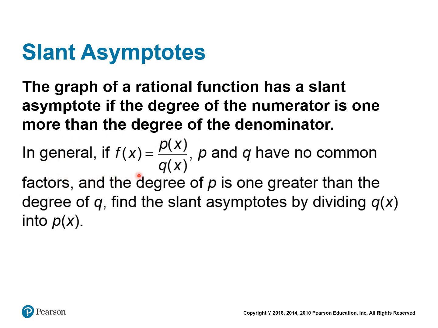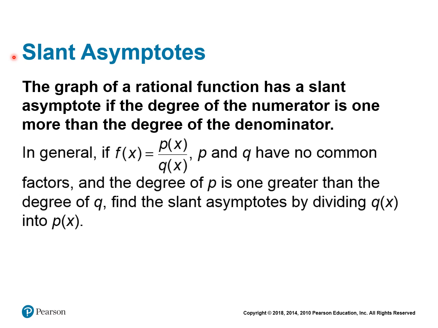In general, if we have a function p of x divided by q of x, where p and q have no common factors, that still holds good, and the degree of p is just 1 greater. So if it is x cubed divided by x squared, it'll have a slant asymptote. If it is x to the 6th divided by x to the 5th, it'll have a slant asymptote.